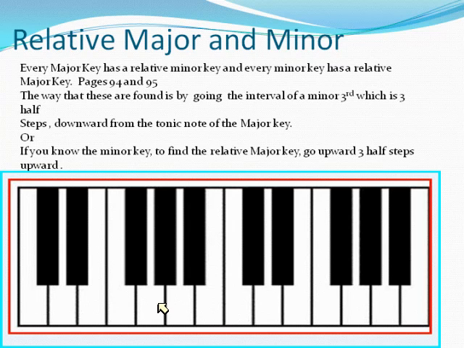What is the relative minor key or scale, or whatever you want to say? They're kind of interchangeable in a way. The relative minor of G major. There's the G. I need to go downward 3 half steps. 1, 2, 3 half steps, E. So the relative minor of G major is E minor.